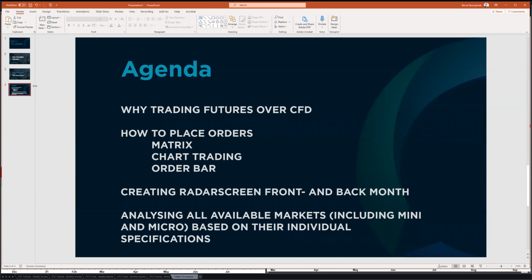There are basically 3 ways to place orders. We can use the very famous matrix. It's a very fancy way, and actually a very nice way to place orders. However, it has a downside: we will see that if you look into higher time frames, it might have its disadvantage, but it looks very fancy, very flashy. If you have not seen it before, you're going to love it. Then chart trading and the order bar as well.